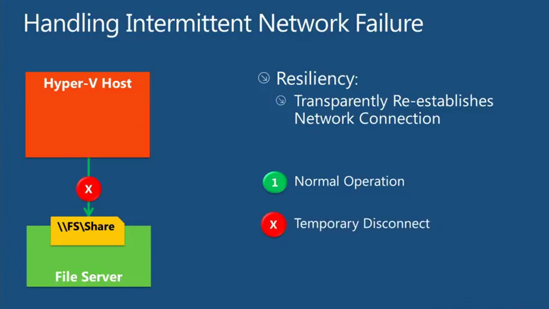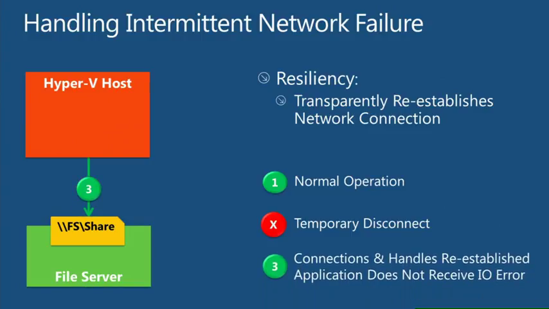With this resiliency feature, the SMB client on the Hyper-V host, as well as the SMB server on the file server, is smart enough to start caching the state of the system. They hold on to this state for roughly 60 seconds, waiting for that reconnection to happen. And when that reconnection happens, everything is reestablished, backed-up I/O is flowed across, everything catches up, and you're hunky-dory.